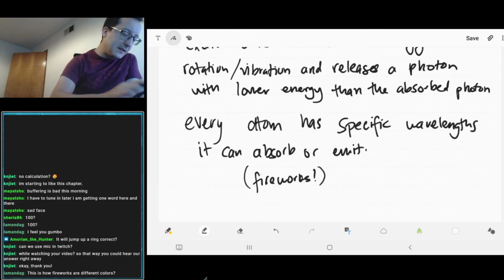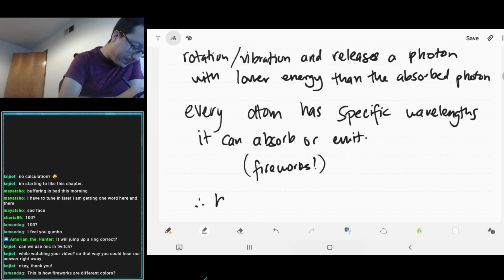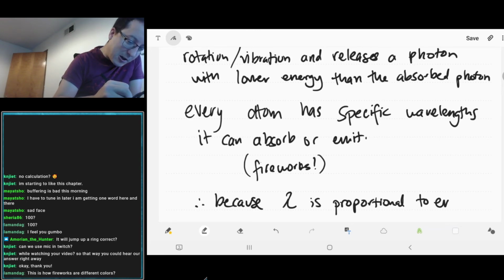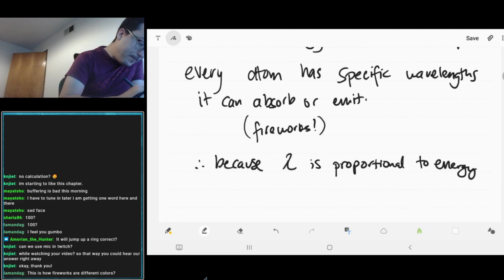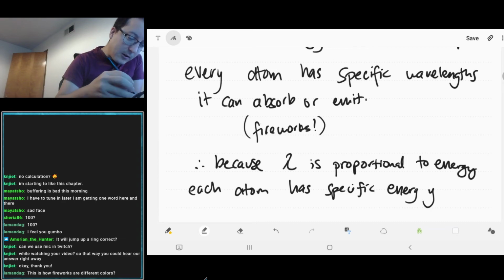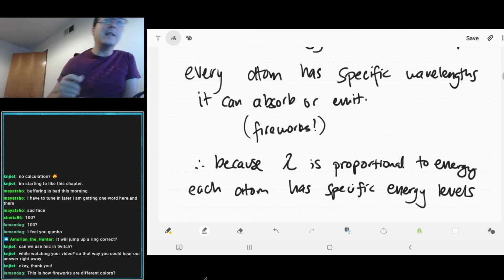So what this means is, because wavelength is proportional to energy, each atom has specific energy levels.